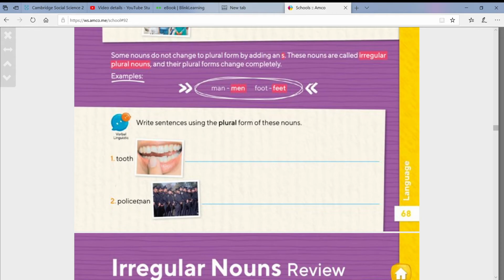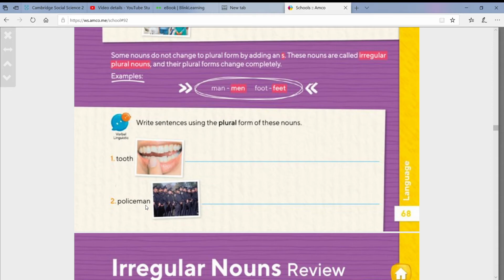Policeman. So we have one policeman. Let's have a look at the example. We have man and men. So what happened here? We changed the A for an E to make it plural. So what do you think we do here? That's right, we do the same.